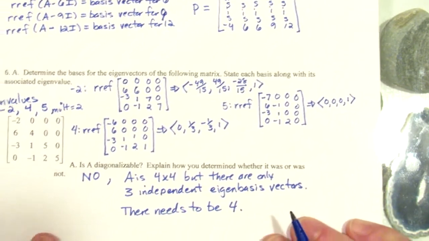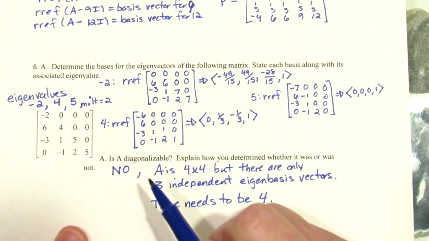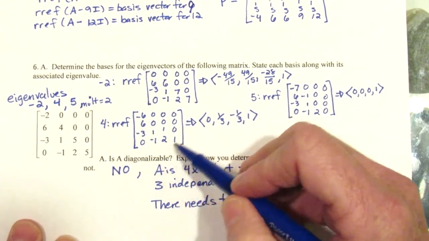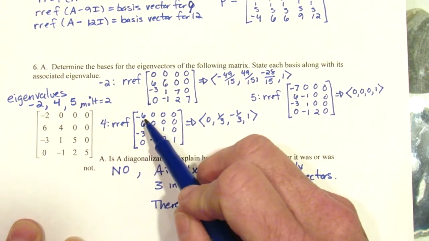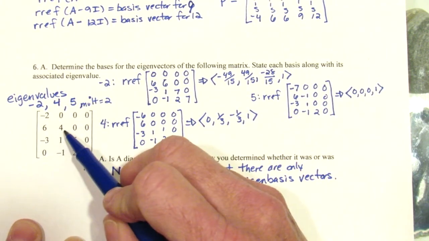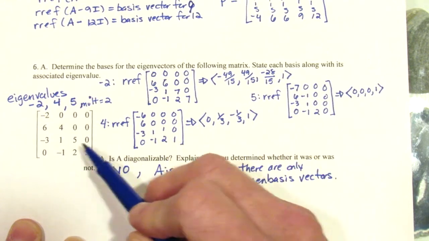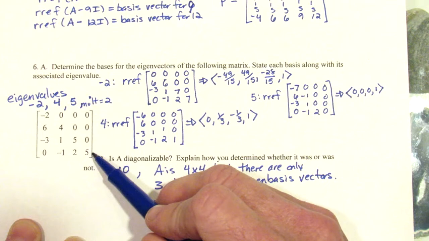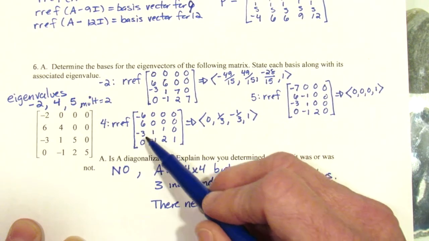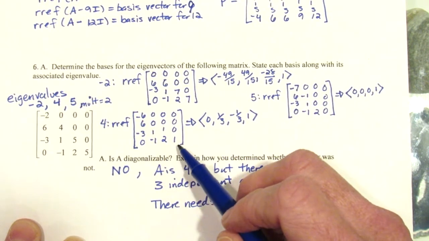Doing the same for 4. So the matrix that we're going to row reduce, -2 minus 4 is -6. 4 minus 4 is 0. 5 minus 4 is 1. 5 minus 4 is 1. And then all the other values stay untouched.